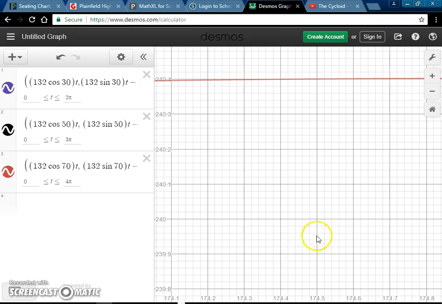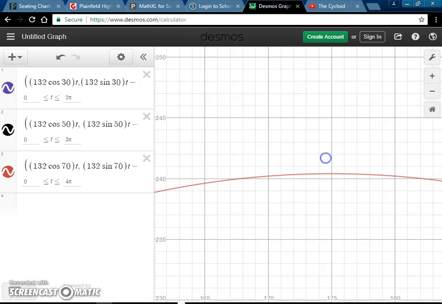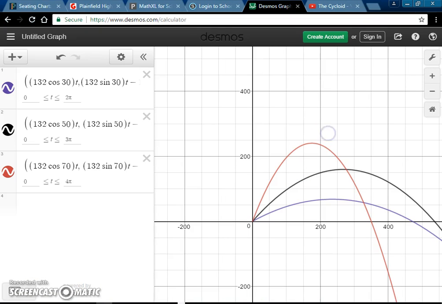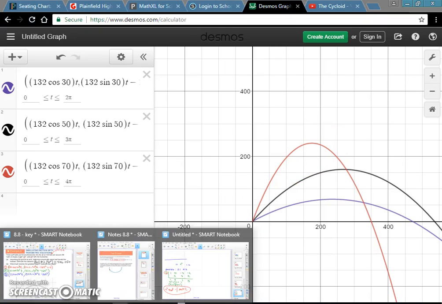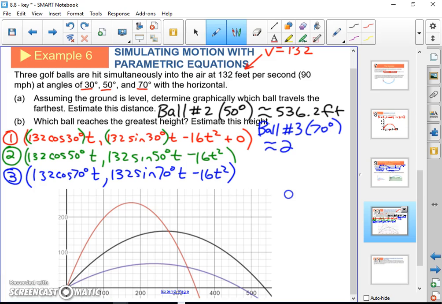Okay, about 240 feet looks like. So which one was that? That was the third one. The third one was about 240 feet. Which ball reaches the greatest height? Number 3 was the 70-degree one, which was about 240.